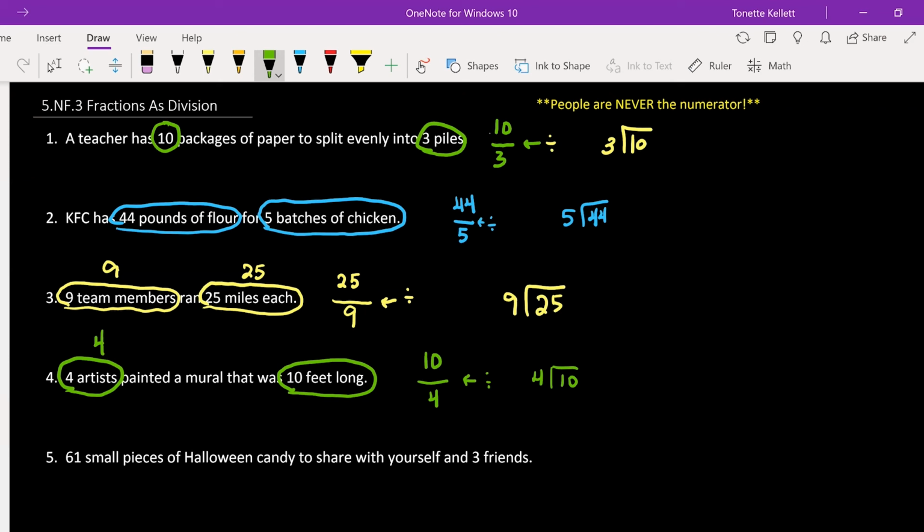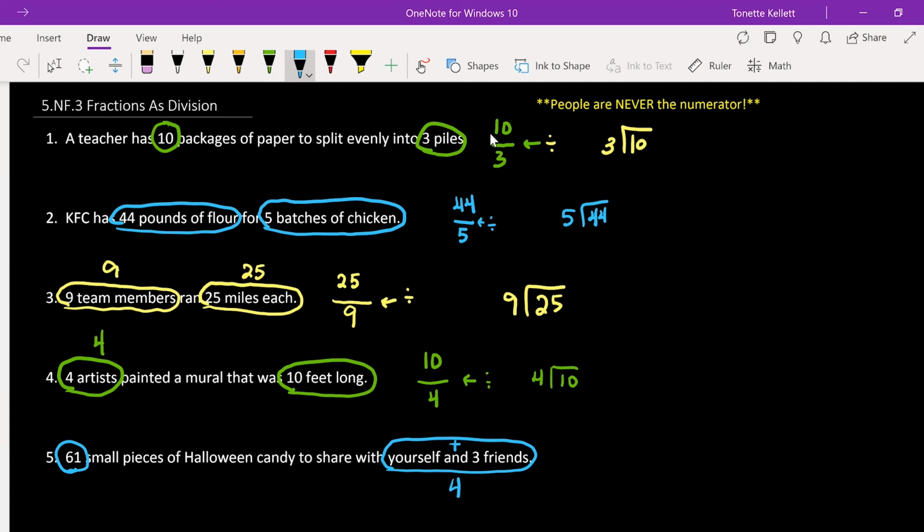And the last one of these: you have 61 pieces of candy to share with yourself and 3 friends. Now, don't be tricked here. It's not just 3 friends, it's yourself plus 3 friends, which is 4 people.